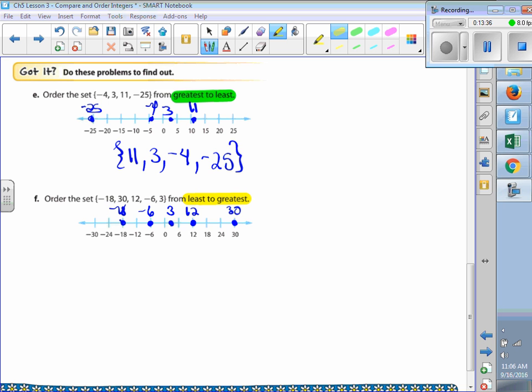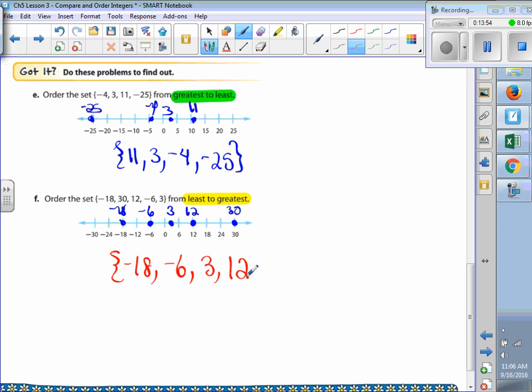Left to right. Very good. So, in order from least to greatest, we have -18, -6, 3, 12, and 30. And there you have it.